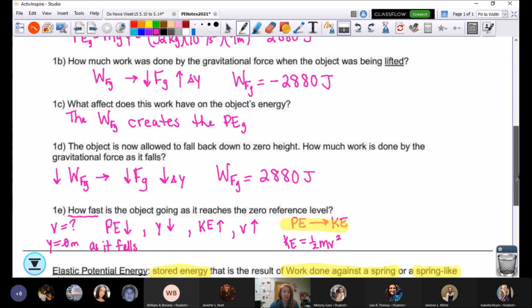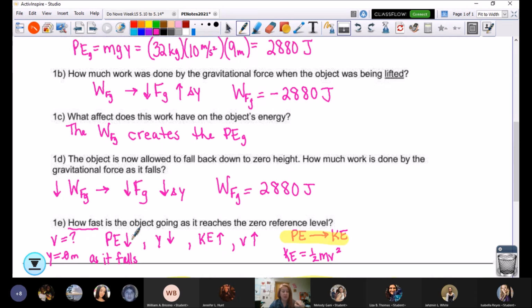Okay, so that's what I wrote here. The potential is decreasing as it falls. The height is decreasing. The kinetic is increasing and the speed is increasing. So what does that mean? Well, that means our potential is turning into kinetic as it falls.